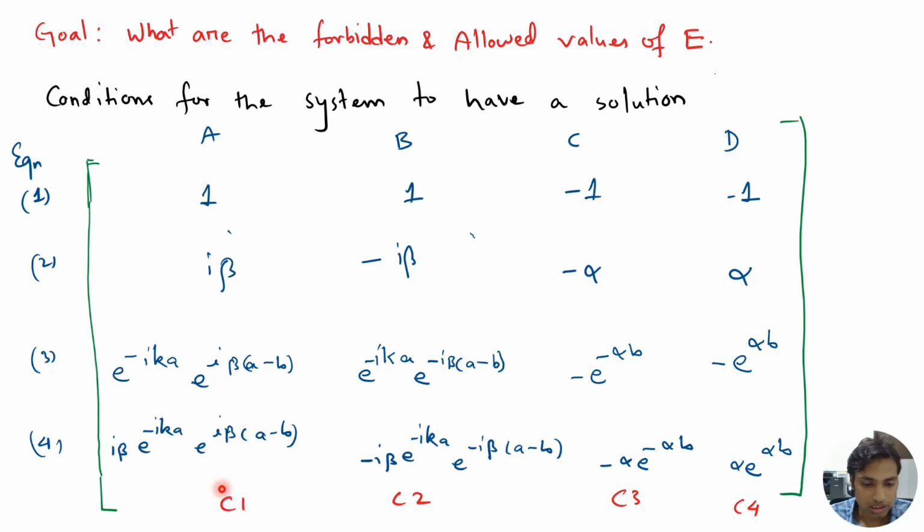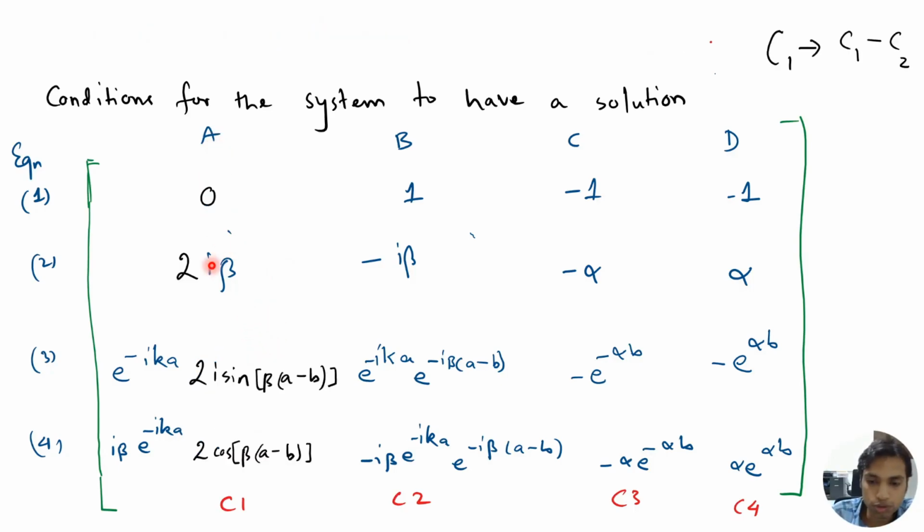So we are saying that this column is C1, this column is C2, this column is C3, and this column is C4. So what we are doing first, this is again a statement from linear algebra, that if you do this operation, replace the column C1 by C1 minus C2.